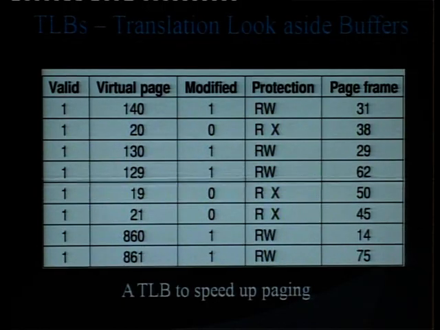So this is the translation lookaside buffer. The translation lookaside buffer is used to speed up our paging concept. Previously we discussed simple paging, and simple paging takes a lot of time to search a single page. So the translation lookaside buffer is used to make a page easily available. We have the virtual page, a valid bit for whether a page is valid or invalid, a modified bit, and protection: read only mode or read write mode.